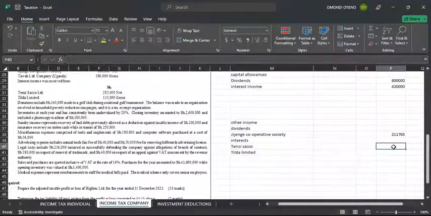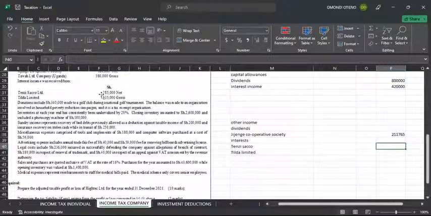So whatever was received from Tenzi Sacco here is net. So we adjust the missing 15%. Since we removed it all, we look for the missing 15%.